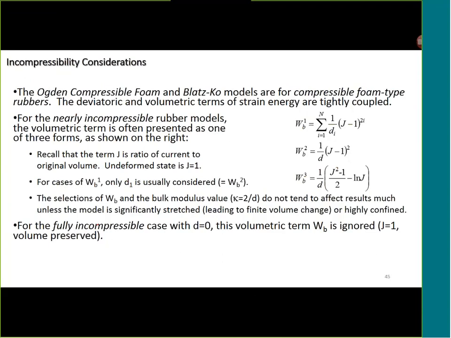So when we are dealing with compressible or incompressible kind of behavior, having a clear feel for compressibility is very important. You have to have a clear feel for how the strain energy potential, especially the volumetric part, is related with your bulk modulus and the Poisson's ratio.